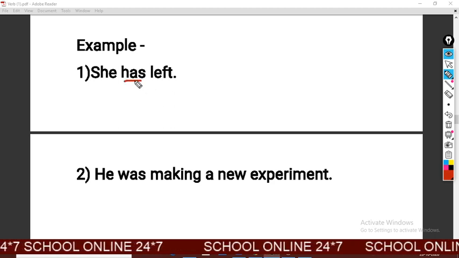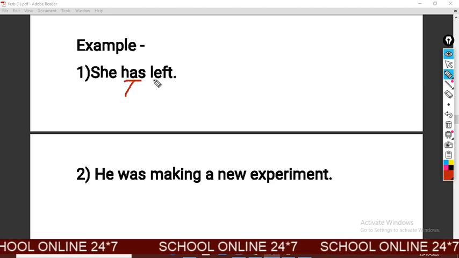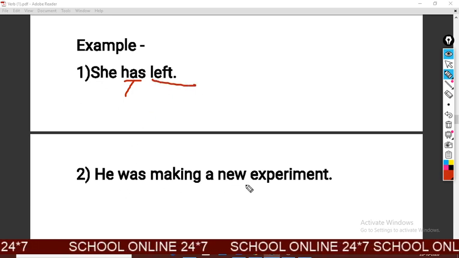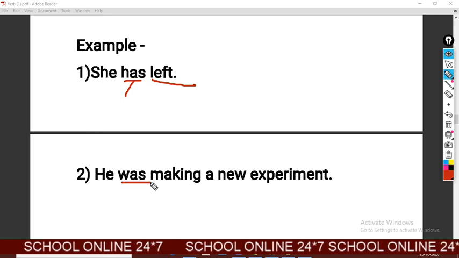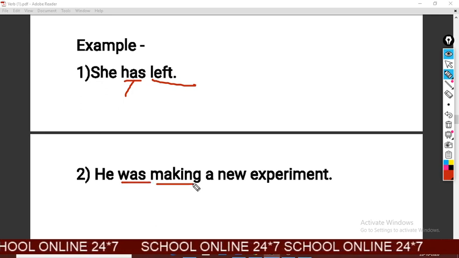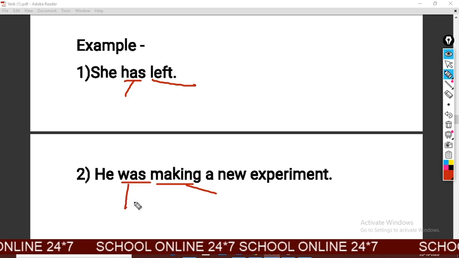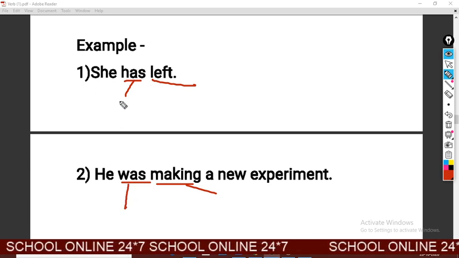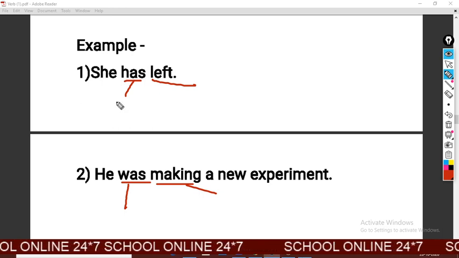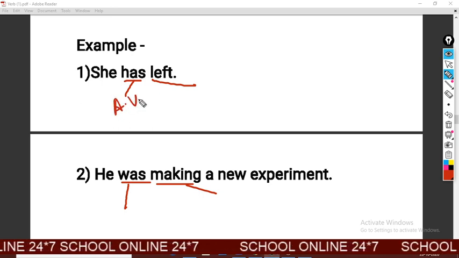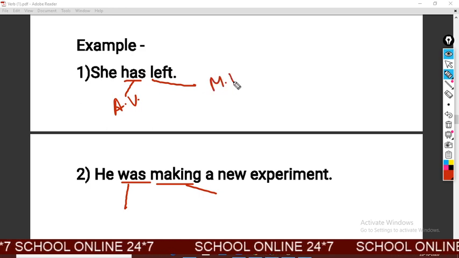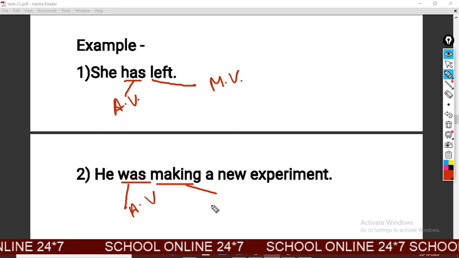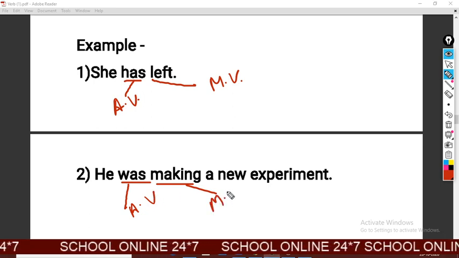Has is the auxiliary verb and left is the main verb. He was making a new experiment. There was is the auxiliary verb and making is the main verb. So these are your auxiliary verb examples.